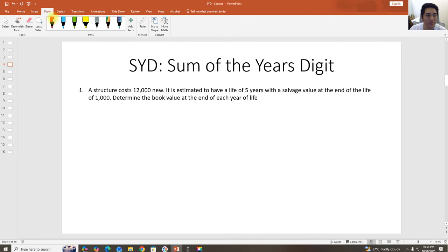The book value means C sub M, so since it is 5 years, we have the first cost minus D sub 1 plus D sub 2 plus D sub 3 plus D sub 4 plus D sub 5 at the end of 5 years.